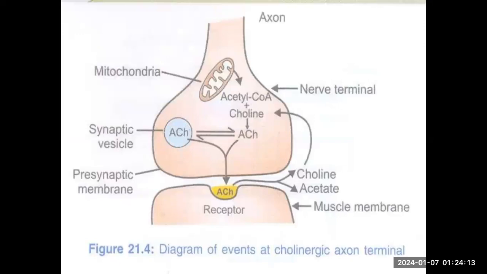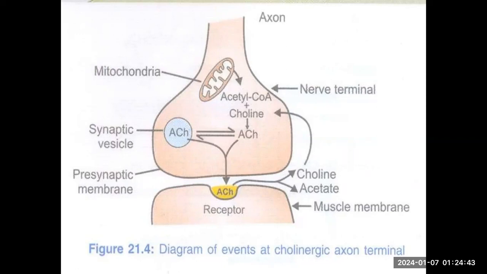The diagram shows the events of a cholinergic axon terminal. You can see the axon right here. We have already shown this diagram before. The mitochondria are present there, because within the mitochondria the TCA cycle takes place and synthesizes acetyl coenzyme A from pyruvate.